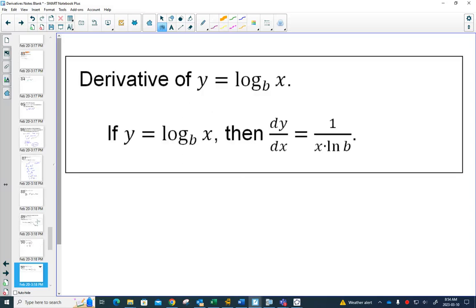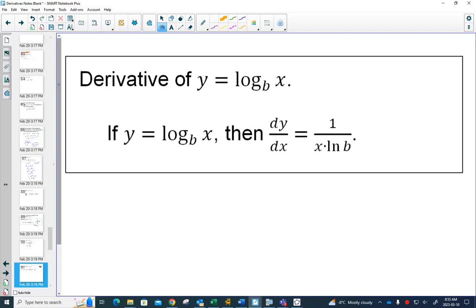And similar to exponents, if you have a different base other than e, again, it's going to be 1 over x, but a little bit off. And we could do a proof of this one as well. And we could rearrange things to make this work.